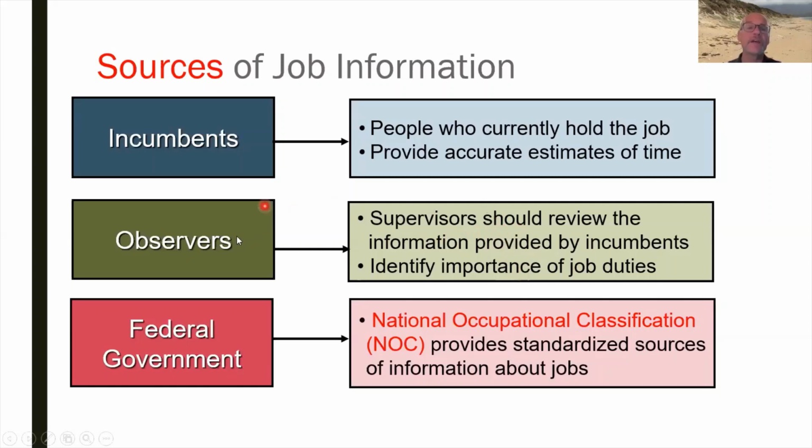So what you do and what they think you do may be 2 different things. The third area of information is sort of generic websites, and the federal government is one good source. And there's something called the NOC, National Occupational Classification, and these are generic job descriptions for a wide variety of different jobs in Canada. So let me show you what this looks like.